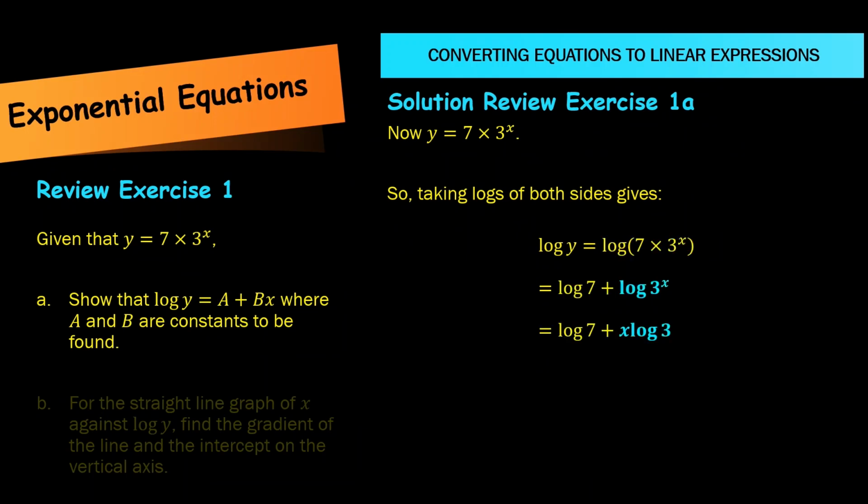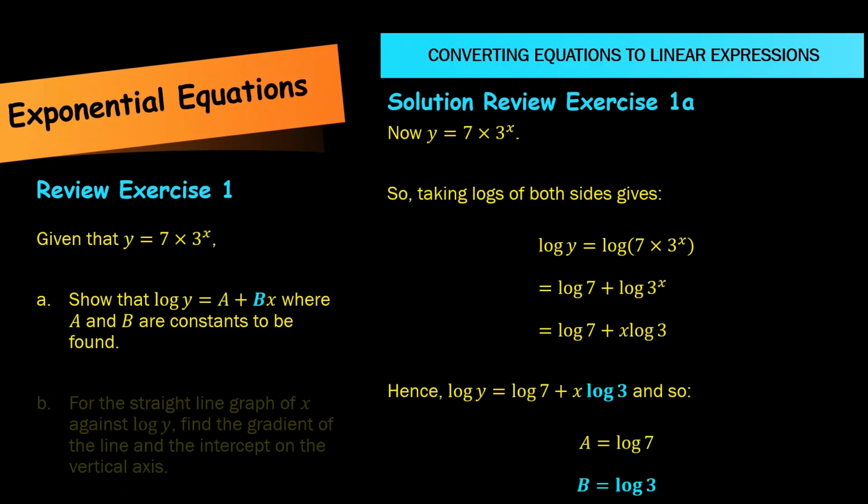Log 3 to the power x can be expressed as x log 3, and therefore we have log y equals log 7 plus x times log 3. And this is now in the form we required. And so a equals log 7 and b equals log 3.